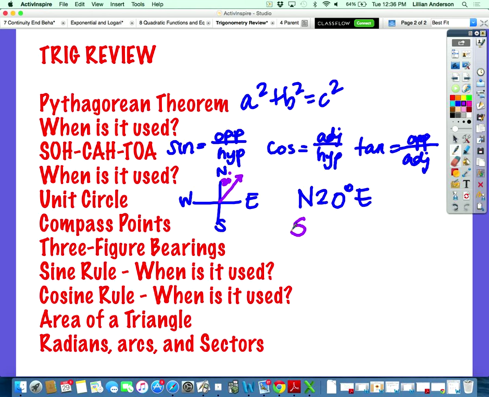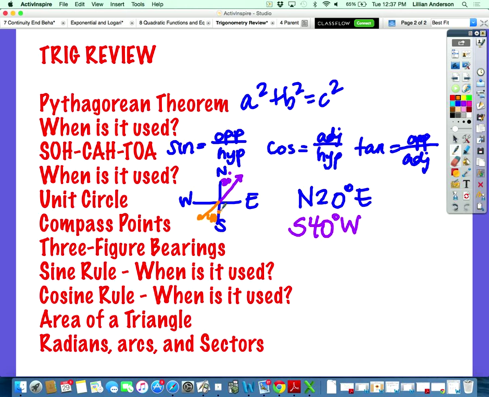And if they said south, 40 degrees west, you start at south and then go 40 degrees to the west. Just remember that, it'll basically tell you your directions.